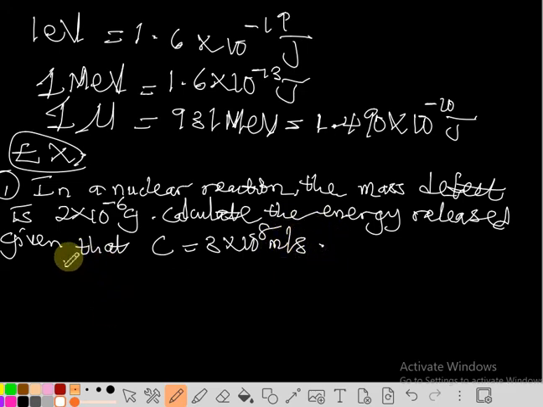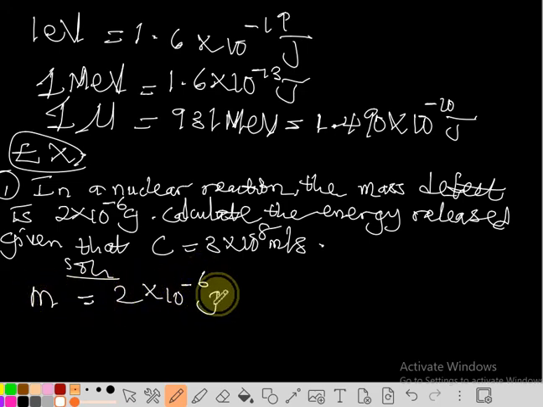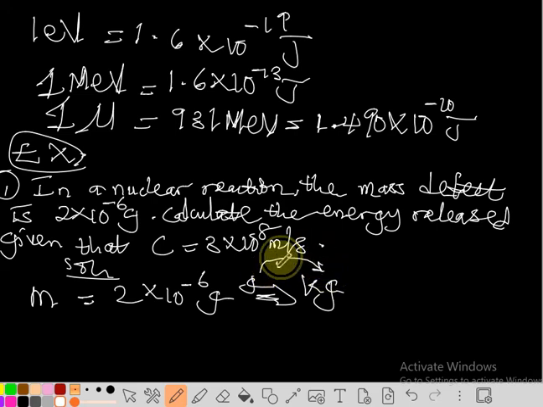Firstly, remember that M has been given to you, the mass defect, which is 2 times 10 raised to the power minus 6 grams. I need to convert the grams to kilogram, and if gram is going to kilogram, whatever you have is to be divided by 1000, or you multiply by 10 raised to the power minus 3.